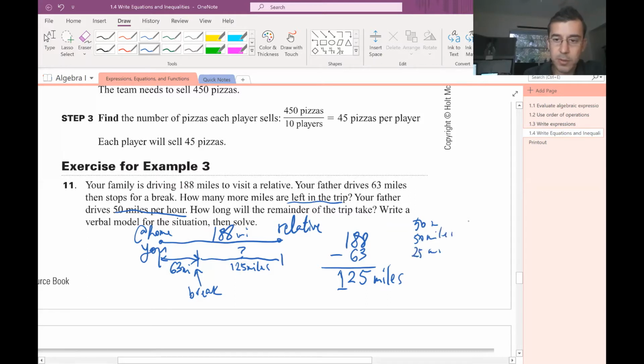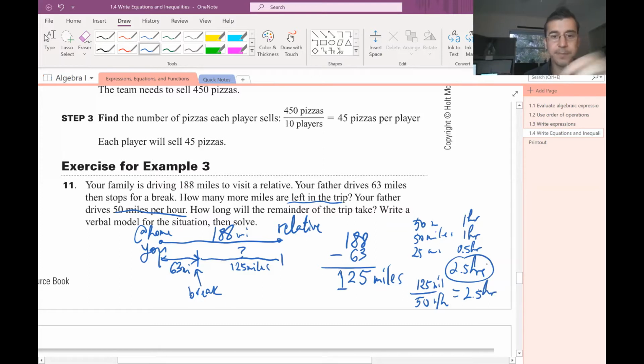So this is 1 hour, this is another hour, and this is half hour. So he needs 2.5 hours, right? Or that can be represented by 125 miles over 50 miles per hour, which is 2.5 hours. Okay.